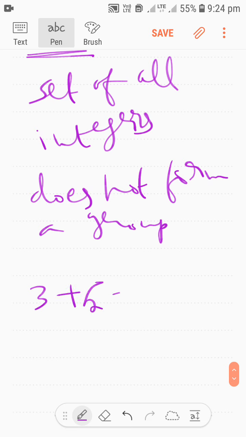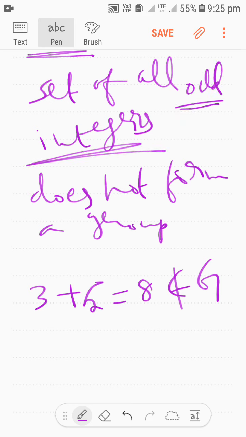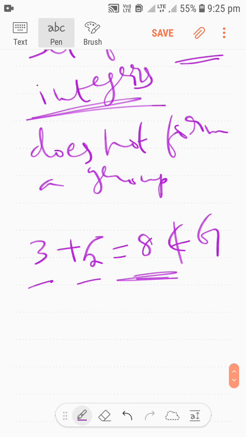For example, 3 plus 5 equal to 8, but 8 does not belong to the set of all odd integers. This is the important point. 3 is odd, 5 is odd, but 8 is not odd. So this is not closure.